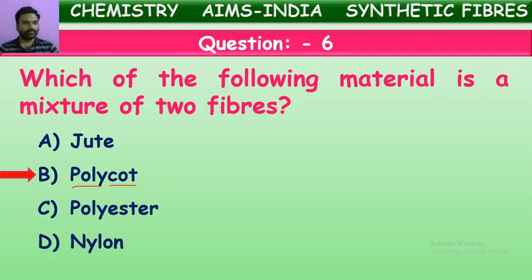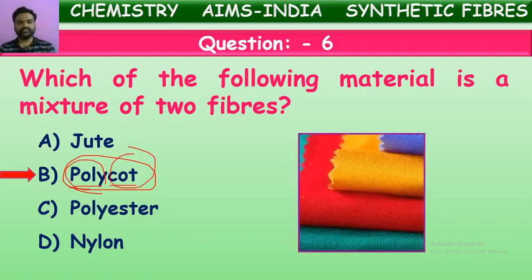Here they told polycot. This represents the blended fiber obtained from polyester and cotton. Say this is a cloth made up of polycot, blended fiber. Good. Next one.